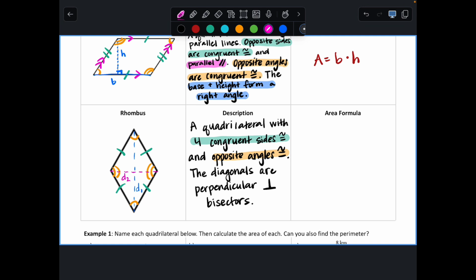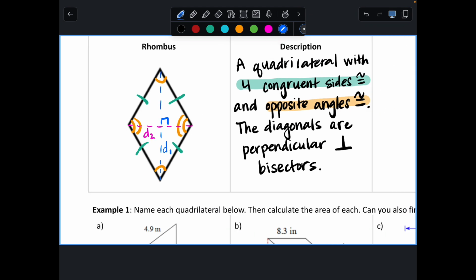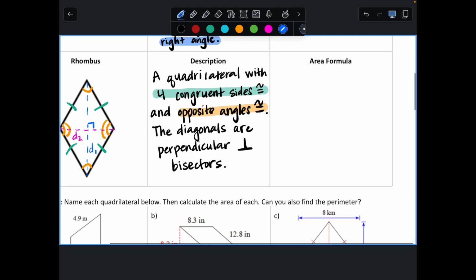They are perpendicular, so that means they form a right angle. Let me zoom in here for what I'm drawing. They form a right angle. And it says they are bisectors, which means they divide each other perfectly in half. And the area for a rhombus is 1/2 diagonal 1 times diagonal 2.